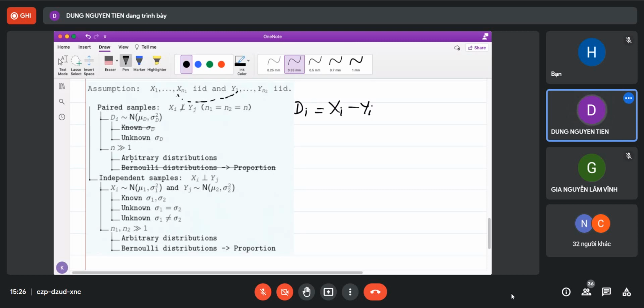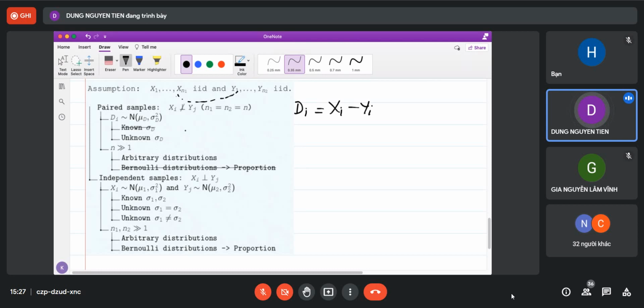We're not going to consider the case where sigma D is known, because in practice you don't really know that. Okay. The second case is that you don't know the distribution of Di, or let's say it is not really normal. Then you need the assumption that the sample size is large, so the common value n is large, and we can apply the central limit theorem to perform the test.